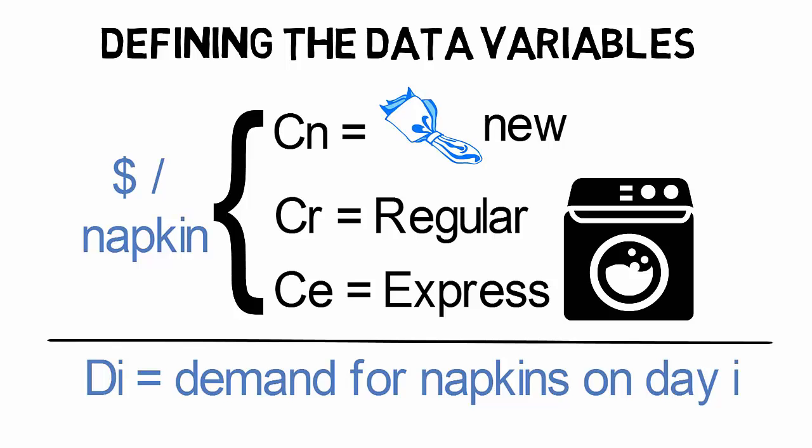Now we need to have a drawing for this, a graph for this. So we need to make sure we have enough space. Let's see what this might look like. Well, all of the napkins are going to come from someplace.